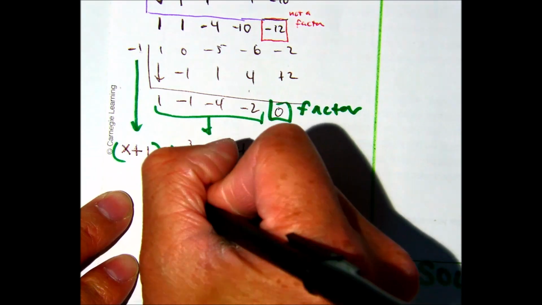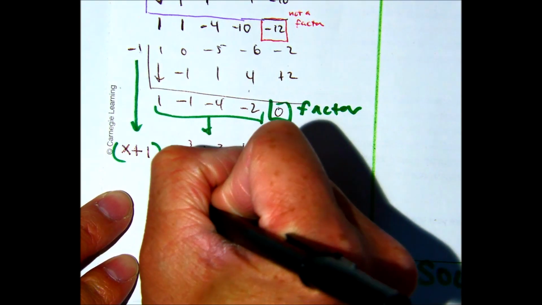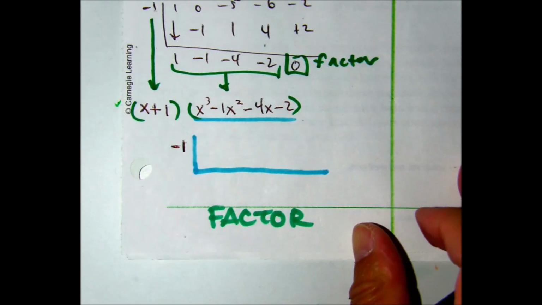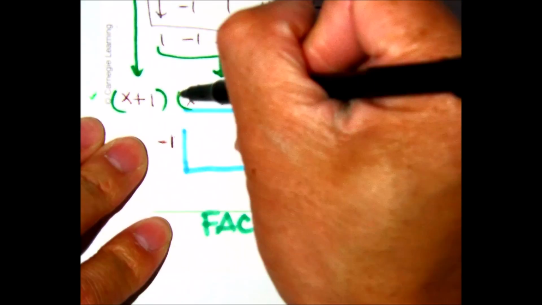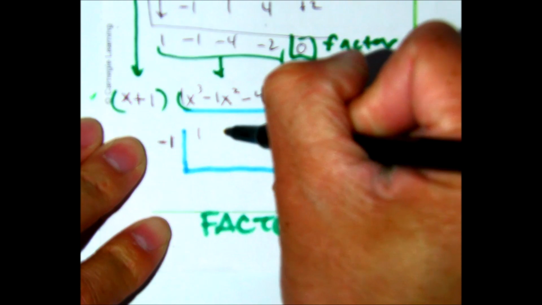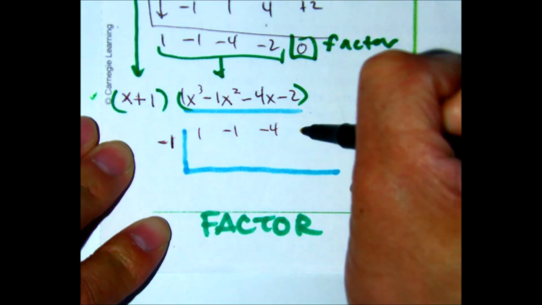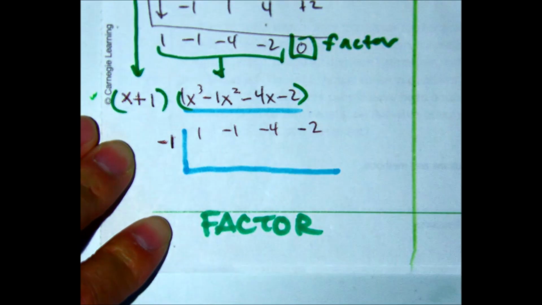Okay, you tested -1. Brenda, can you tell me the numbers to write here, please? Keep going. Yes. -2. Thank you.